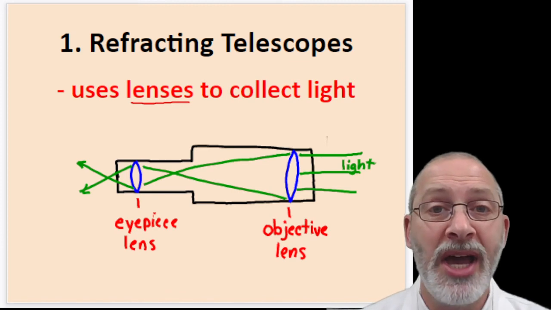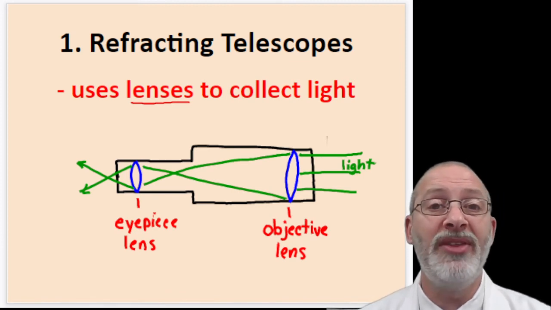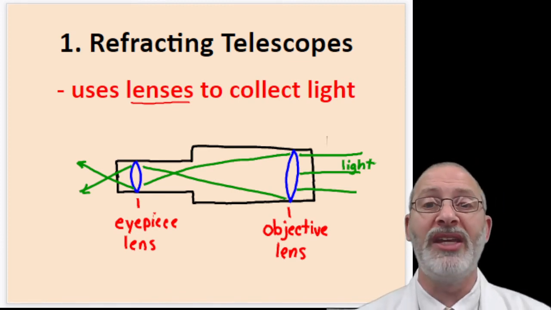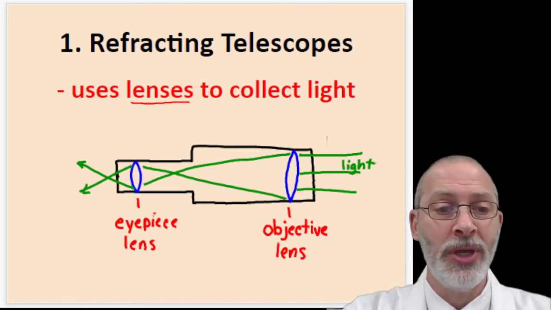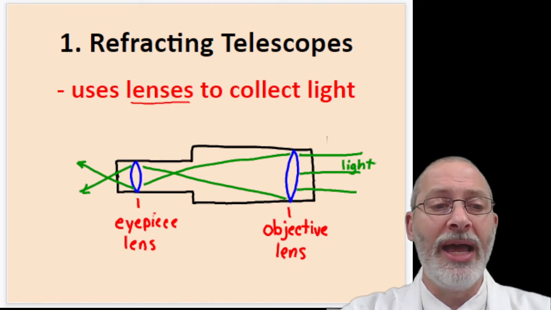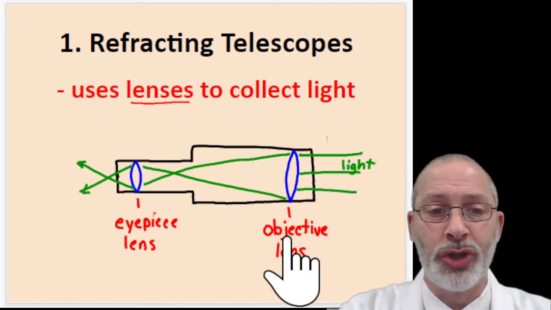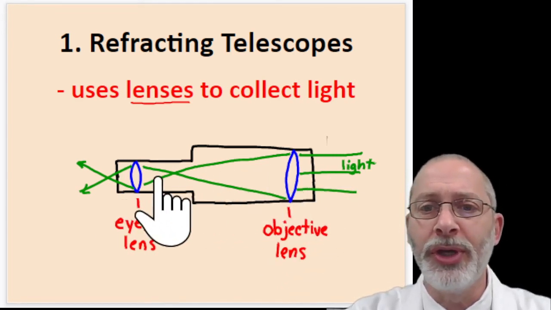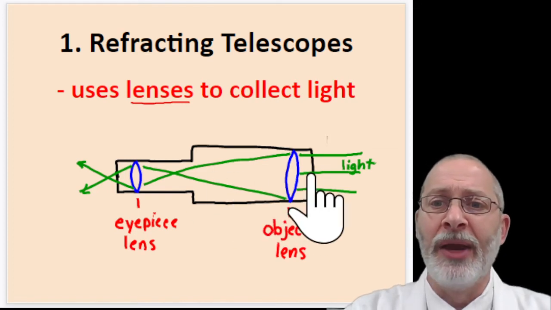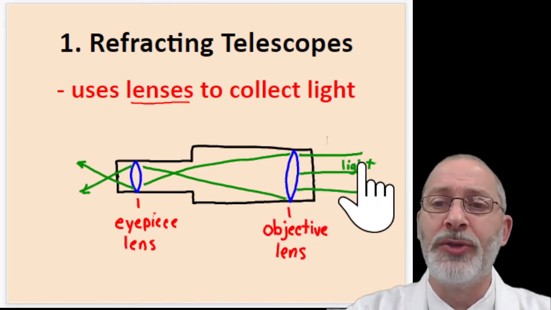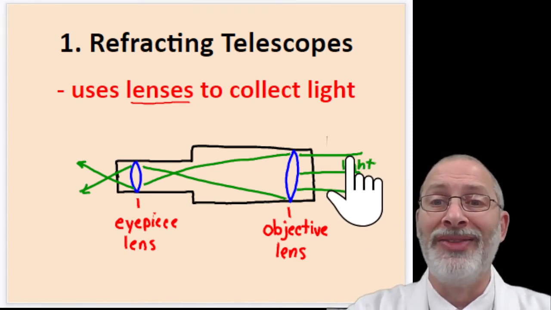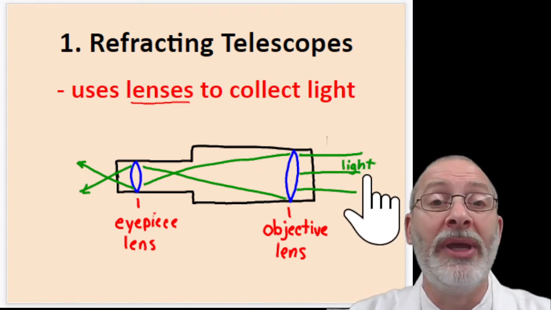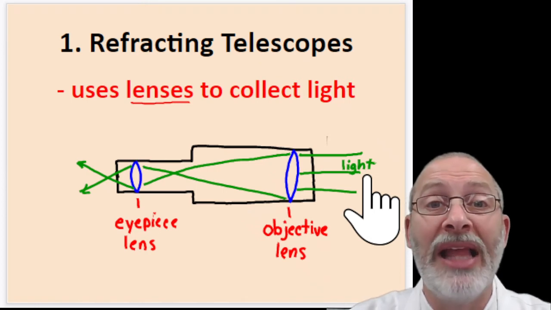Now, I'll give you some time here to copy this illustration of a typical refracting telescope, so you can be drawing this while I am explaining the drawing to you. Here we have a telescope, and we're going to assume that it is pointing to the right of the screen, and the light source may be coming from a distant star or planet.